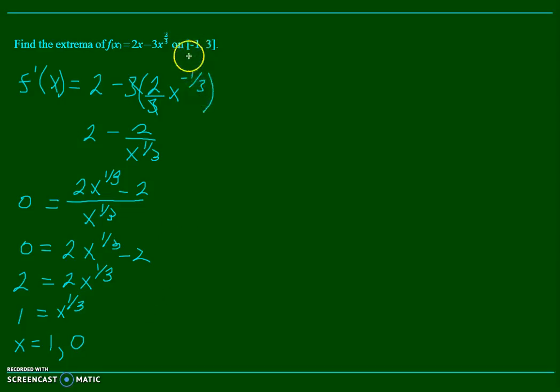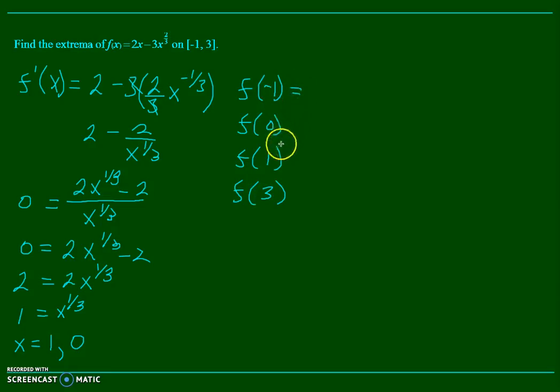What we're going to do is find the values of this function at the endpoints. So we need f of -1, f at 0, f at 1, and f at the other endpoint, f at 3. I like to just do them in order.